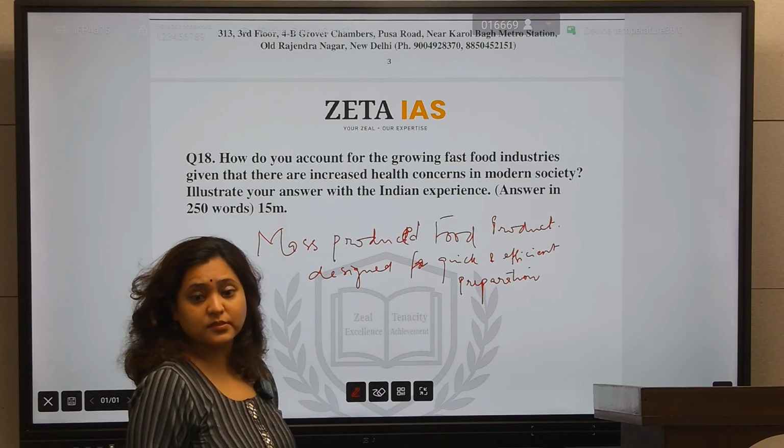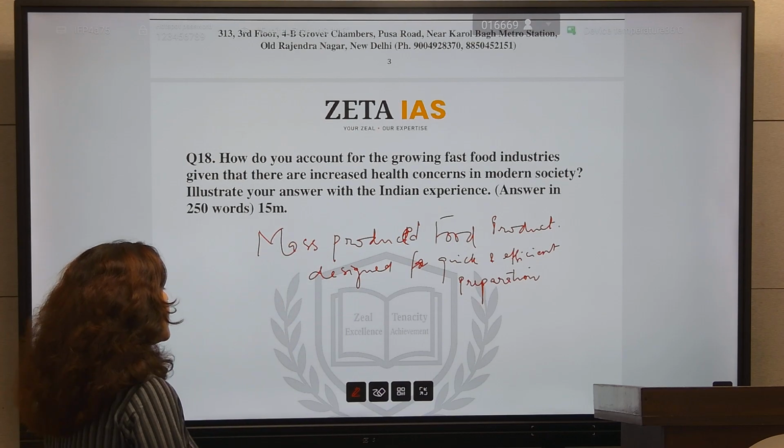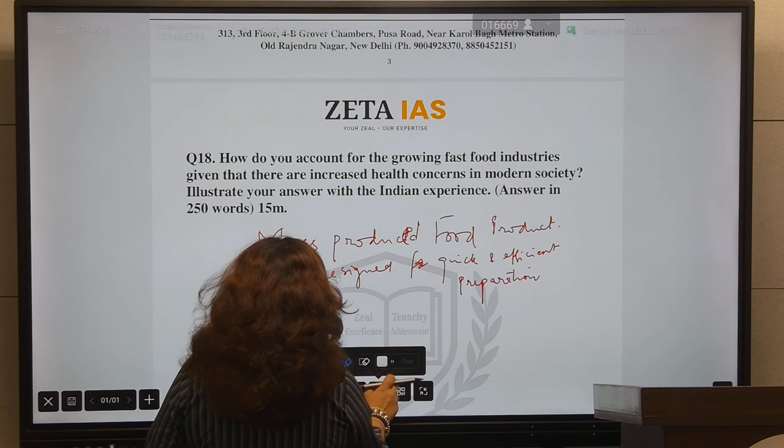This is what is your fast food. So given the definition, you have definitely understood what is fast food.